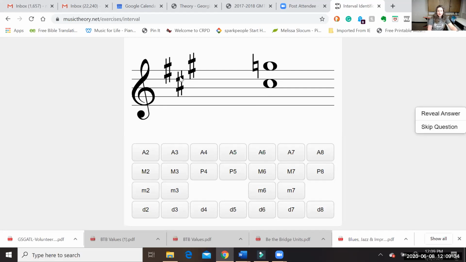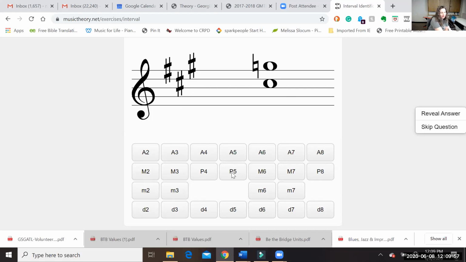But here what they do is give you a key signature, and I would look at major first as a possibility. And so C to G here, if you are doing it, you know that it's the interval of a fifth. Well, if it's the interval of a fifth, it must be perfect.